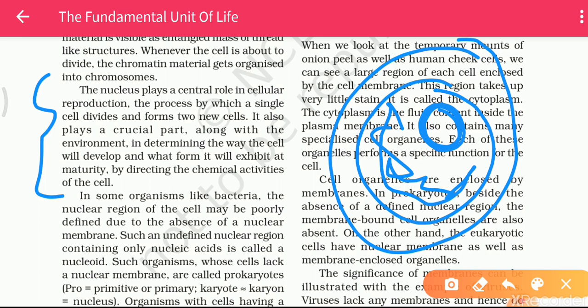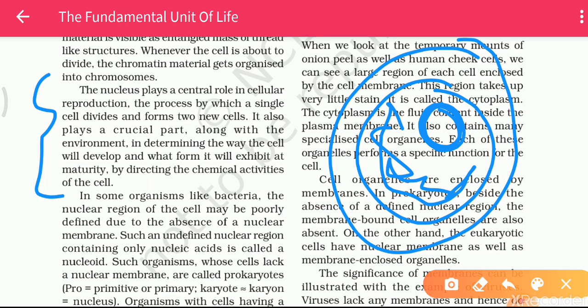If the nucleus is not present, then the cell will not survive, but there are some exceptional cases in which the nucleus is not present. If the nucleus is not present in the cell, then many things will not occur. That's why we can say that it is the control center or the brain of the cell.